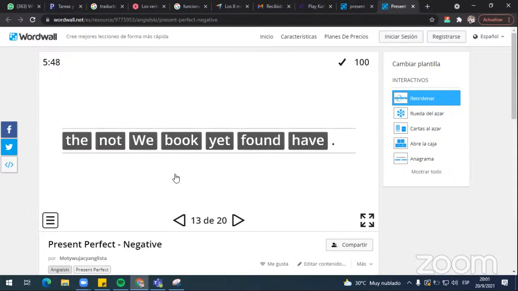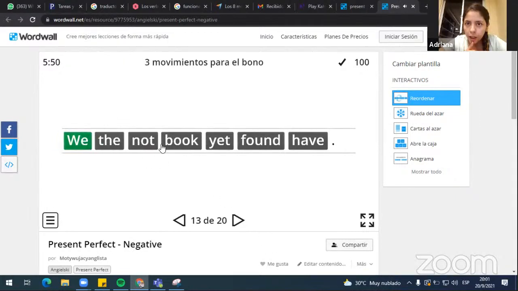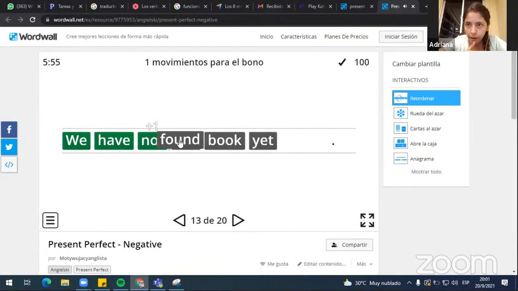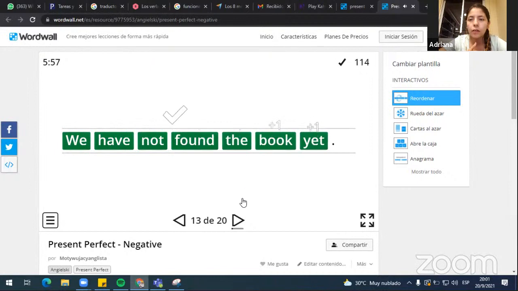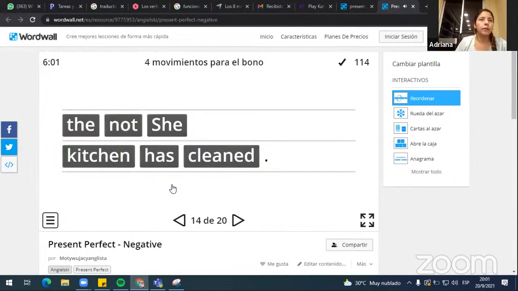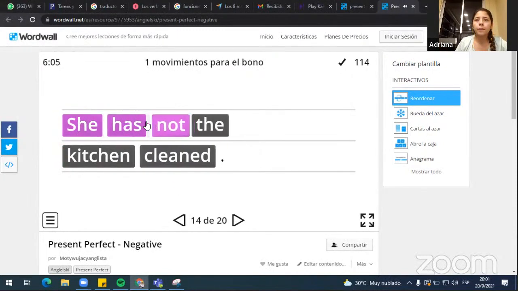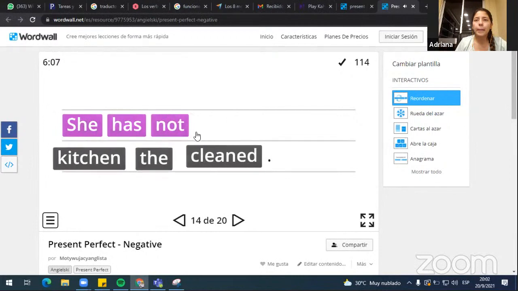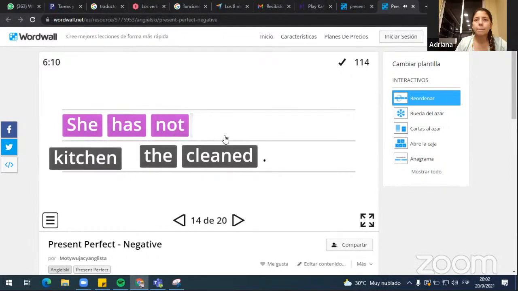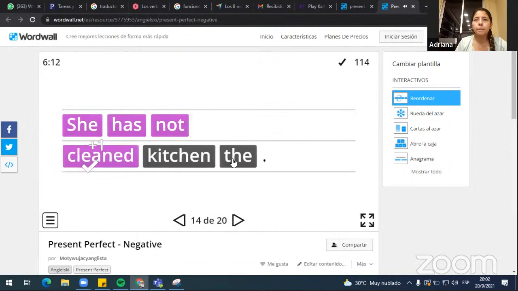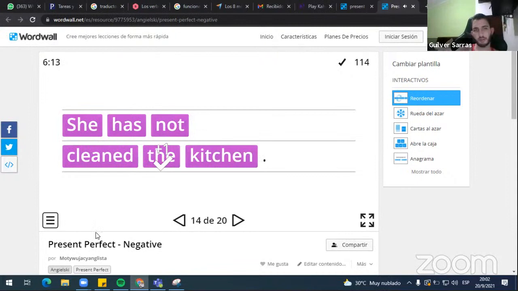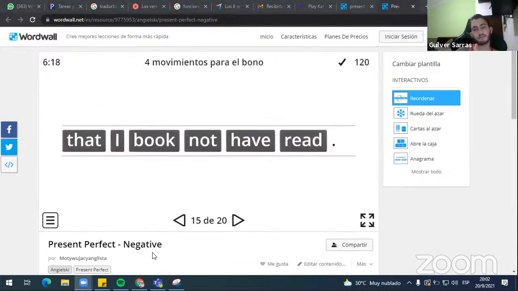We have not found the book yet. She has not cleaned the kitchen.